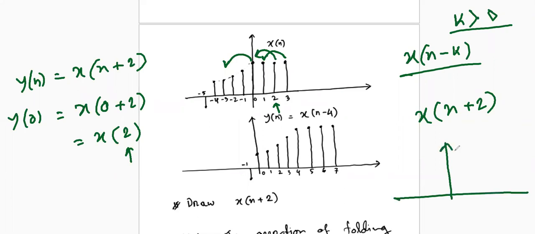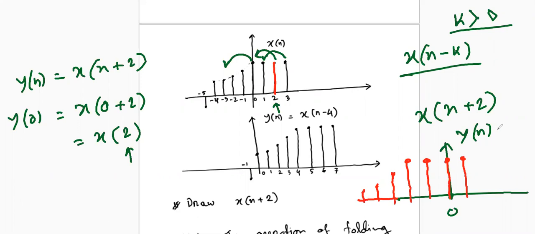So if this is your y[n], this is the location of 0, the value of that would be equal to this one. That will come to this point. Similarly, the previous one will be there. So I can draw it like this, 1, 2, 3, 4, and after that it will be decaying like this.